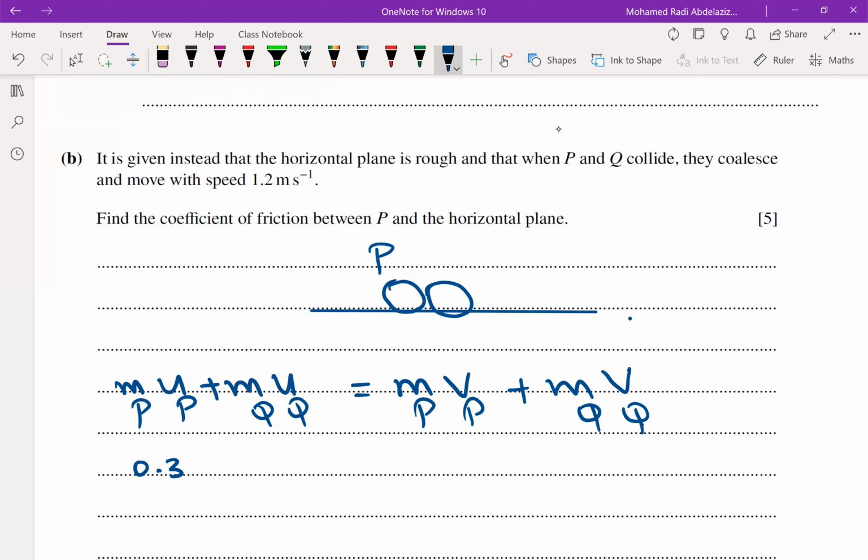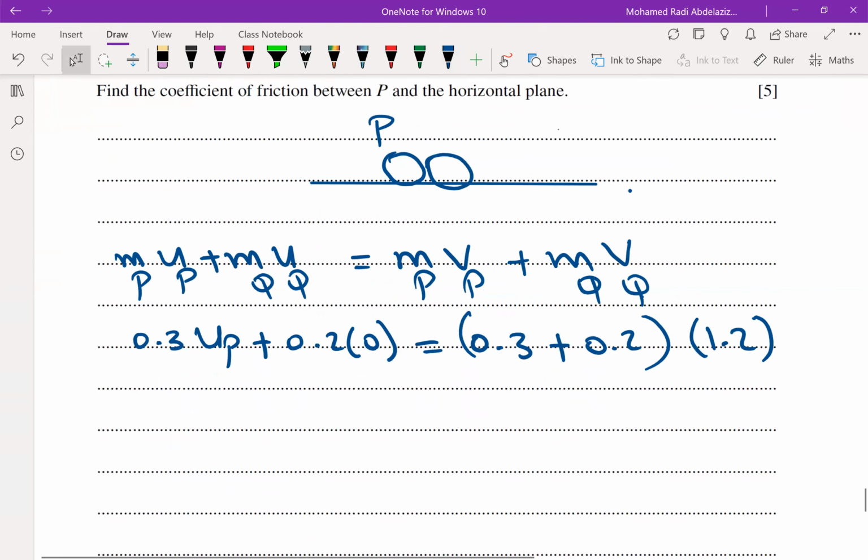The mass of particle P is 0.3. Its initial velocity we don't have, so leave it as UP, plus the mass of Q, 0.2, times 0, is equal to the mass of P, 0.3, plus the mass of Q, 0.2, times the common velocity. VQ and VP are the same, given as 1.2.